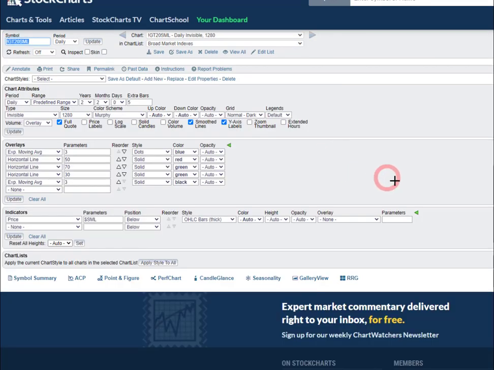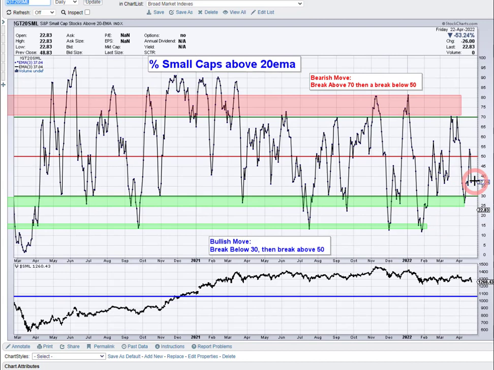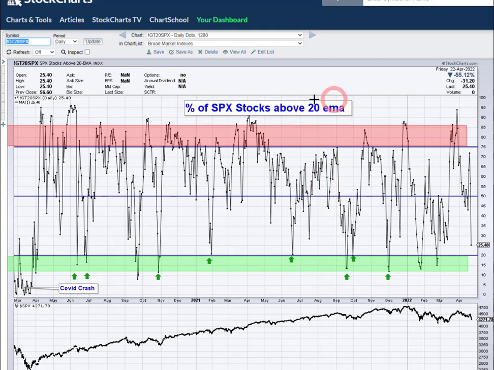Here's small caps, still relatively high on the scale. I think we've got more to go to the downside there. And SPX diving down towards the 25% level with room to move lower.